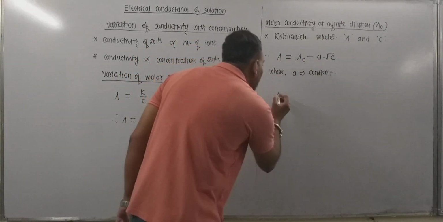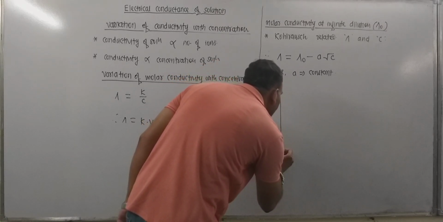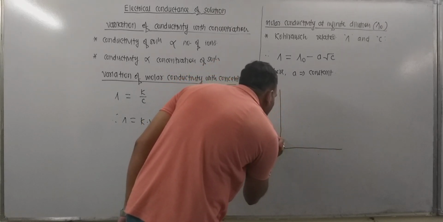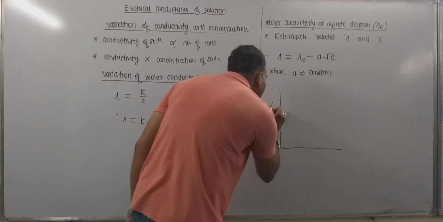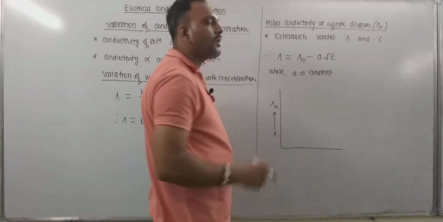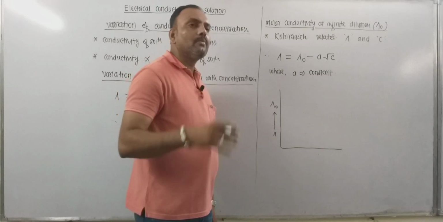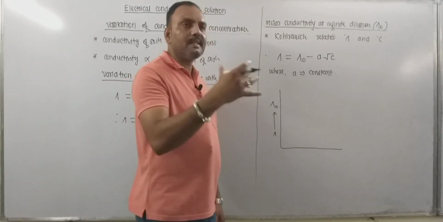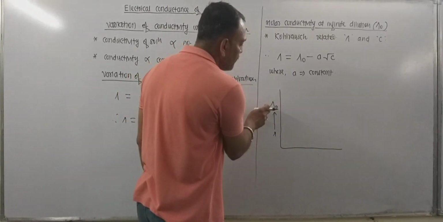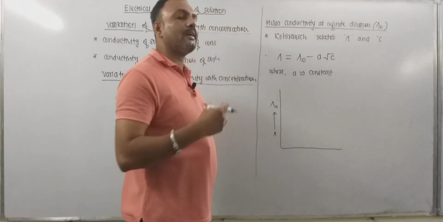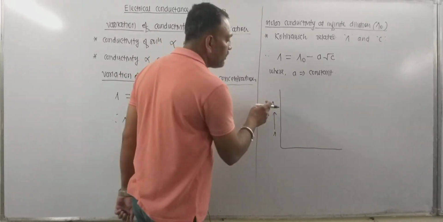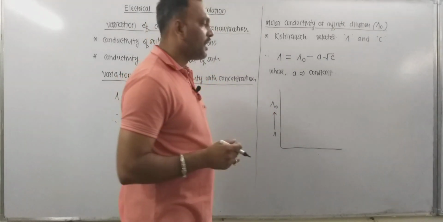Now one can plot for this. So lambda, this is molar conductivity, and with increase in dilution, first of all molar conductivity goes on increasing and reaches up to a maximum, and that maximum molar conductivity reported will be the molar conductivity at infinite dilution.